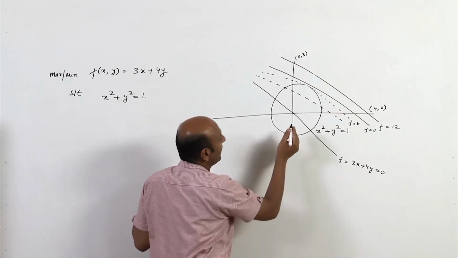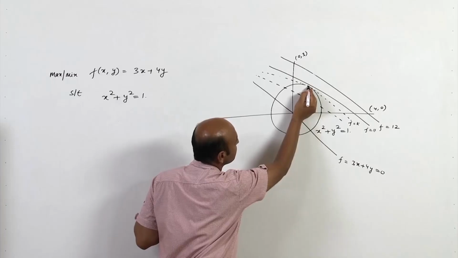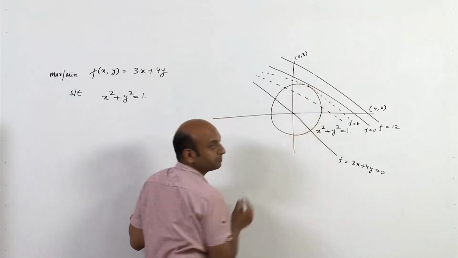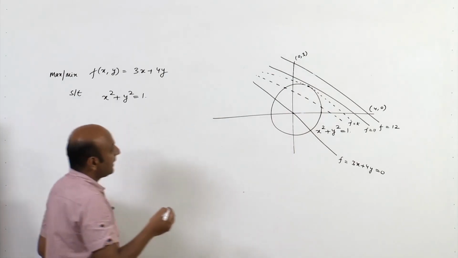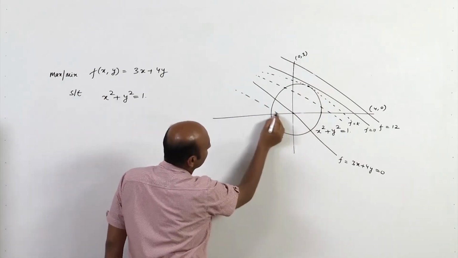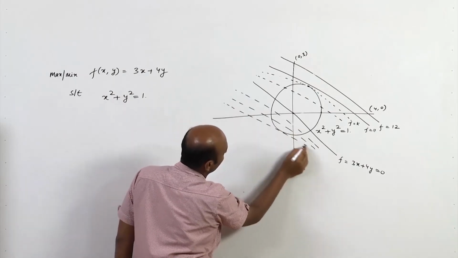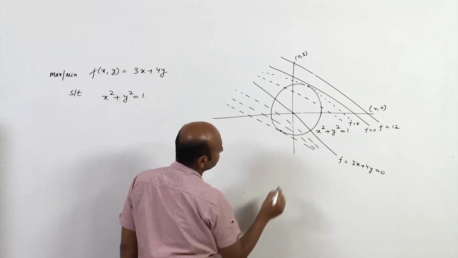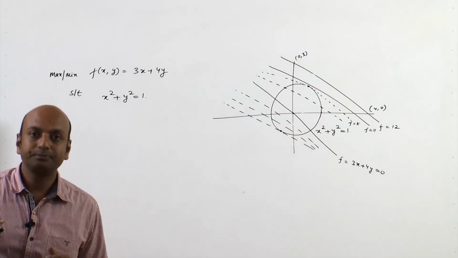So, this function will attain its maximum value when it touches the circle over here. And again, when you move inside the circle, this will give the minimum value where it touches the circle at this point.